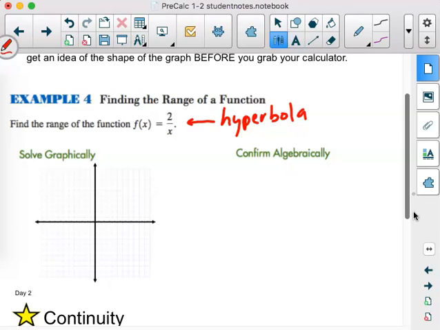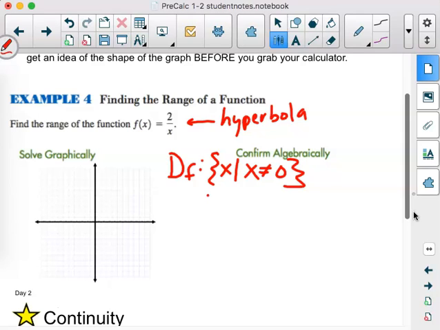When the number is a 1, up on the top, we get our parent function, 1 over x. As those numbers increase, they pull away from the origin a little bit more. And one thing I notice about the domain right away, domain of f, is that we can't use 0.